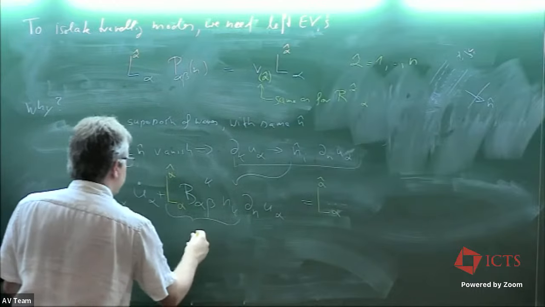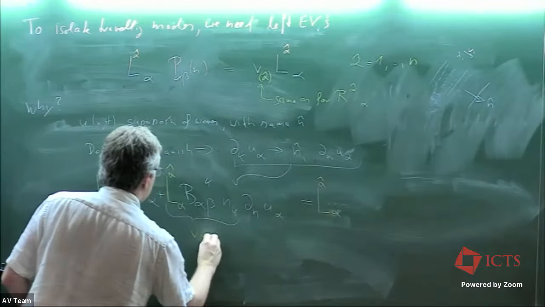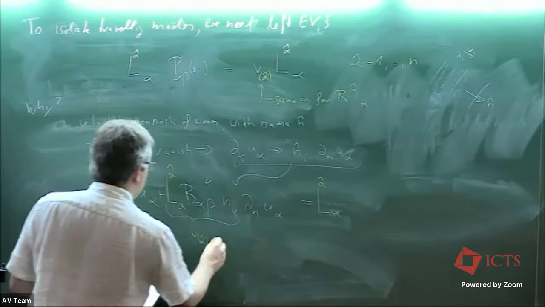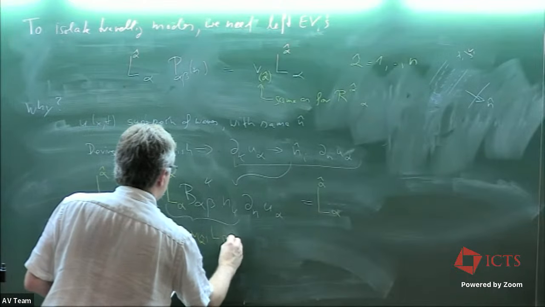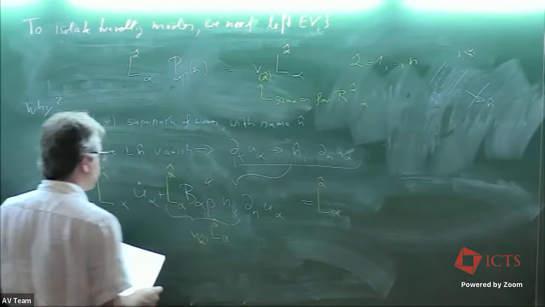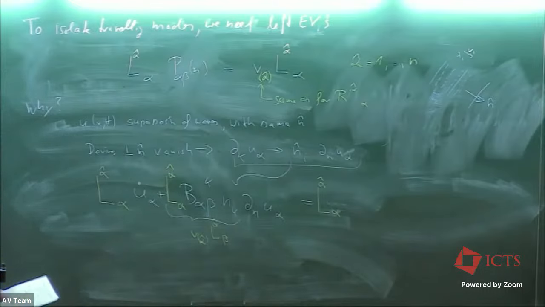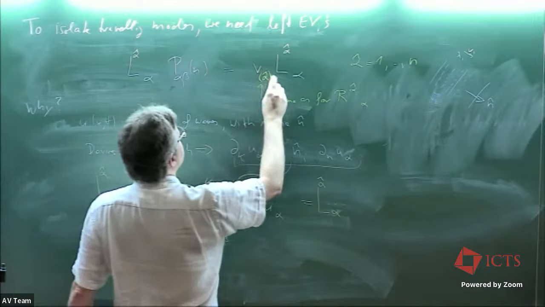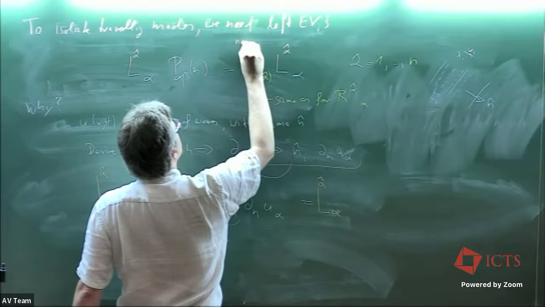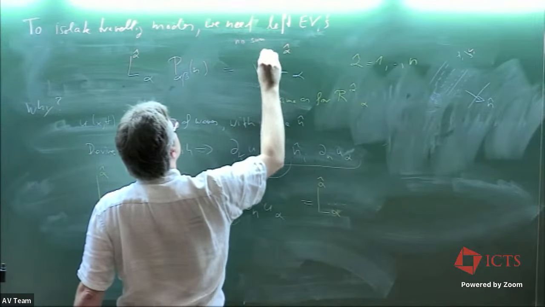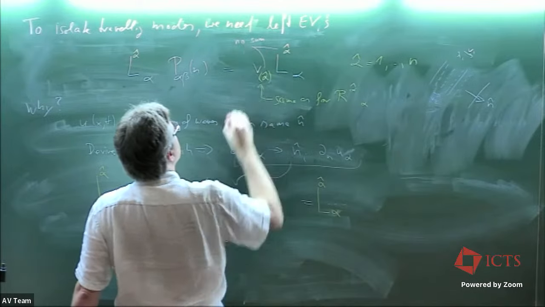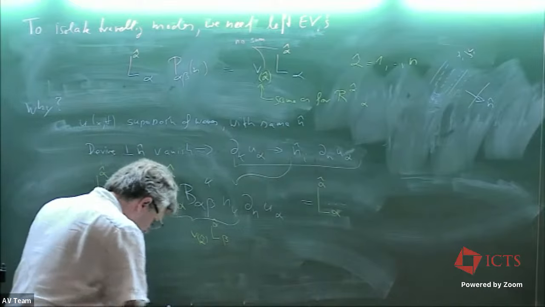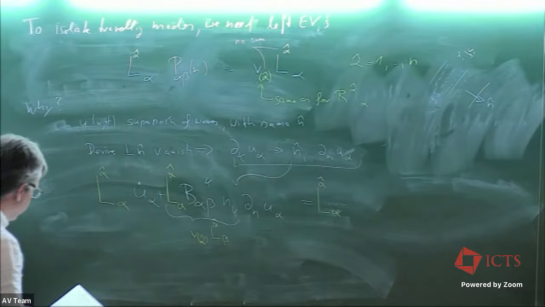This thing here is v alpha hat times L itself. And by the way, I'm using these parentheses here to indicate no sum over alpha hat in this particular equation.